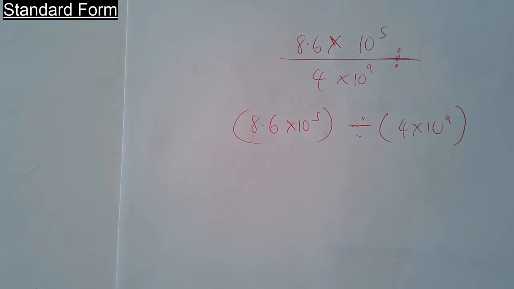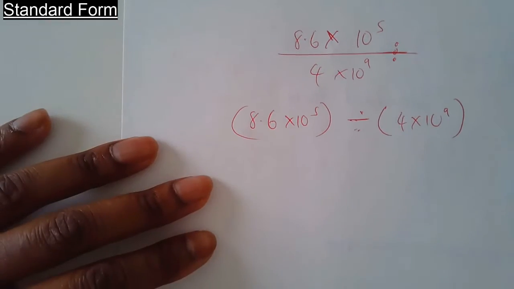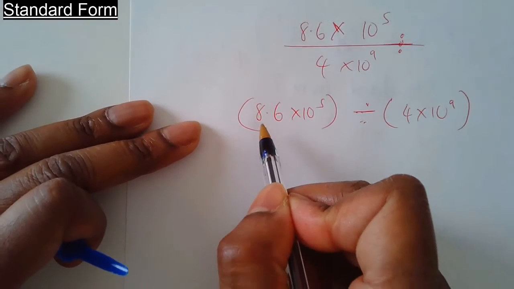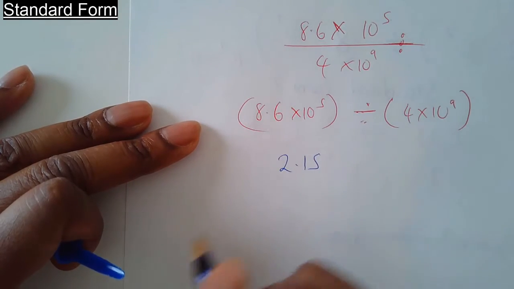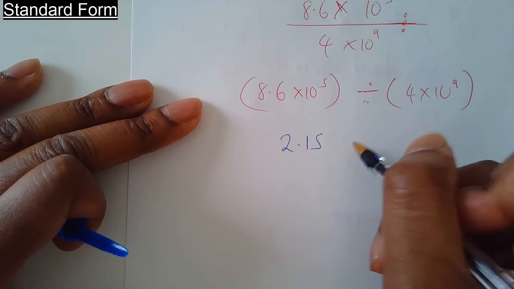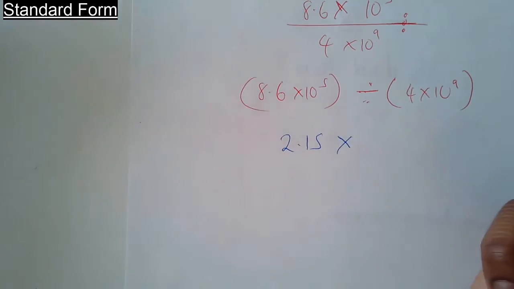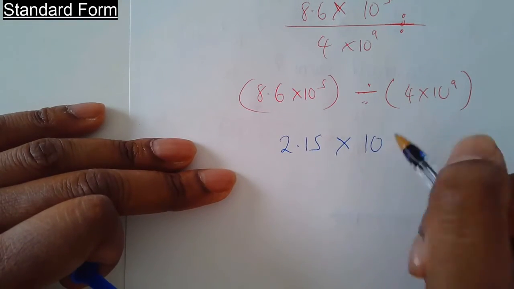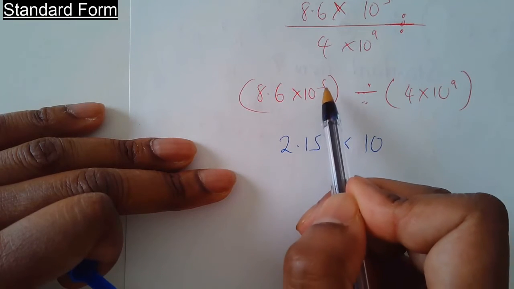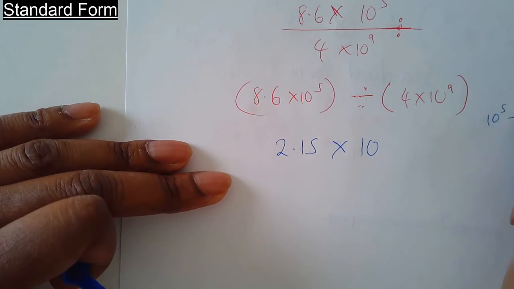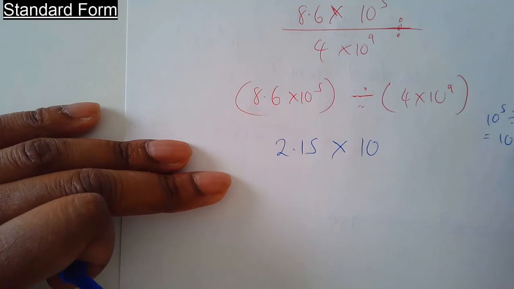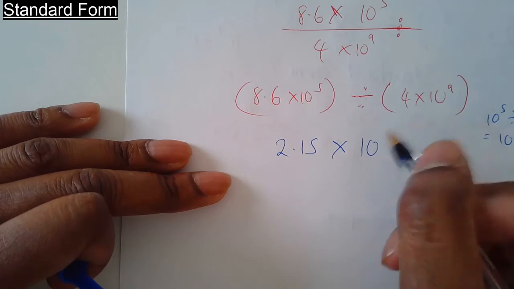We've looked at questions like this in a previous video. 8.6 divided by 4 is 2.15. It needs to have a times symbol because it has to be standard form. Now this bit, 10 to the power of 5 divided by 10 to the power of 9 is equal to 5 take away 9, which is minus 4. It's minus 4.